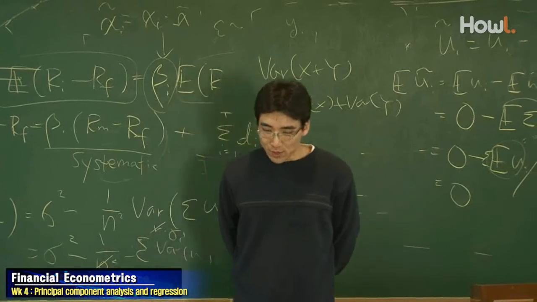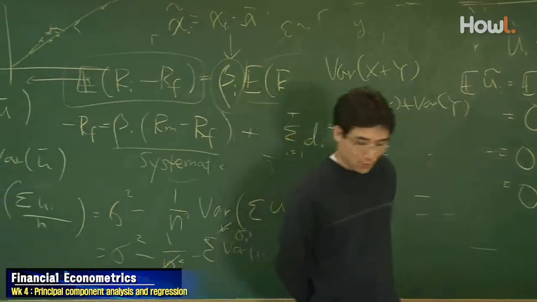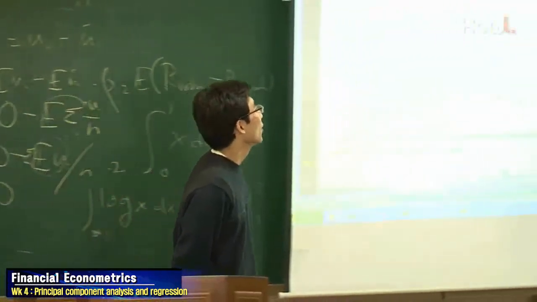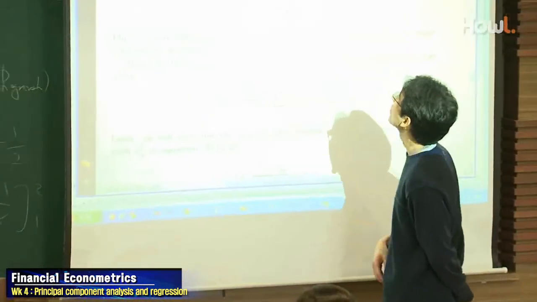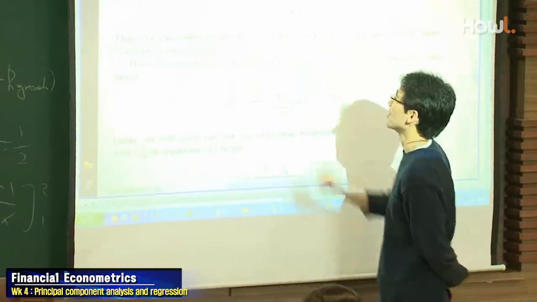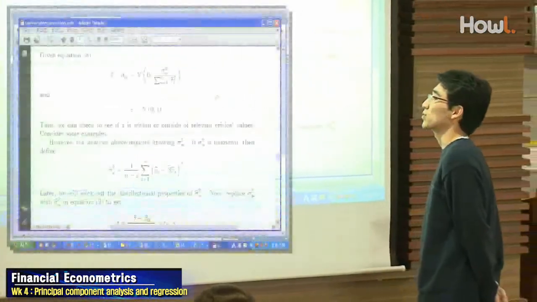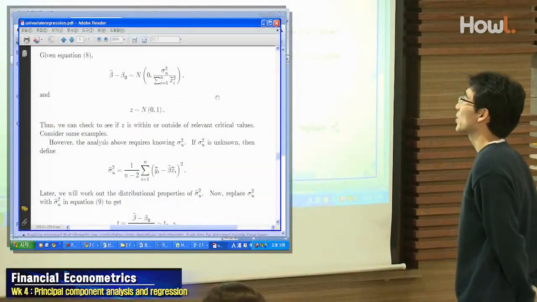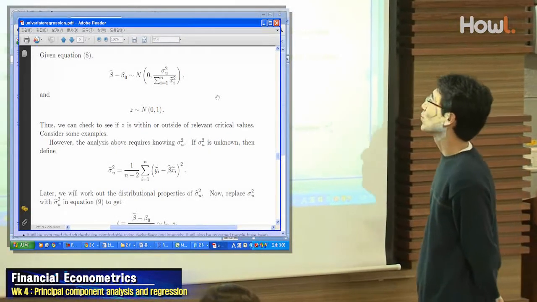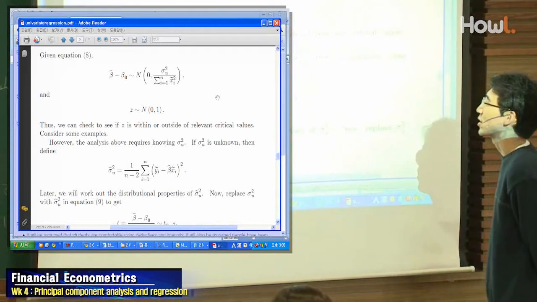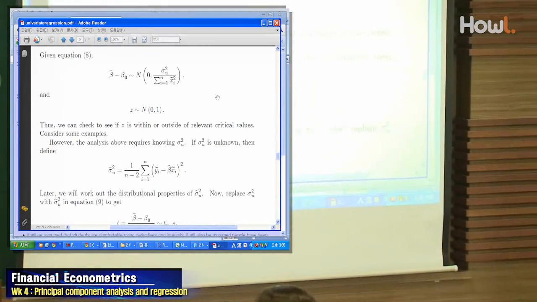The analysis above requires knowing this one, and in this setting we assume we already know it. If we know this value, it doesn't create any problem. But in most cases, we don't know that.